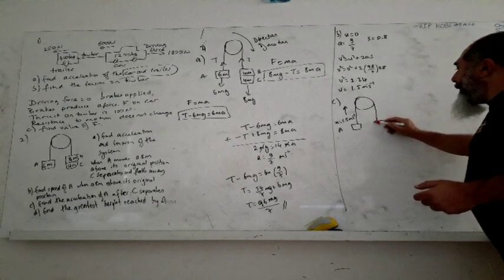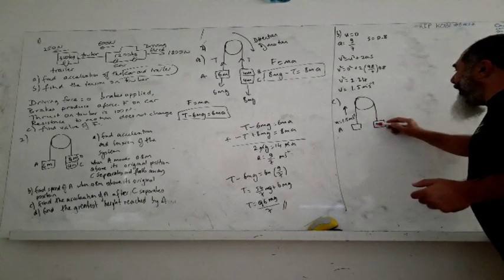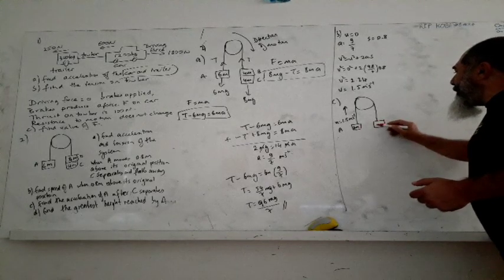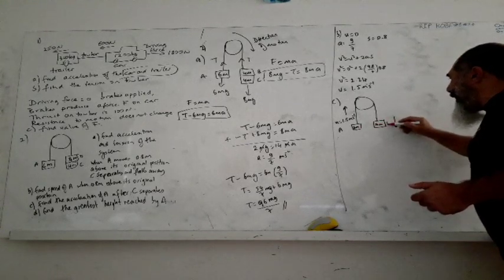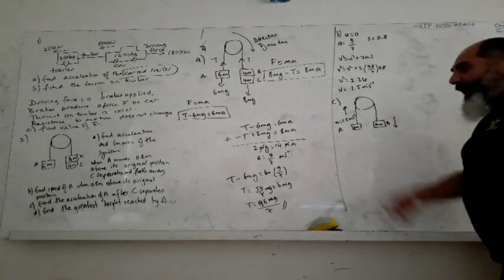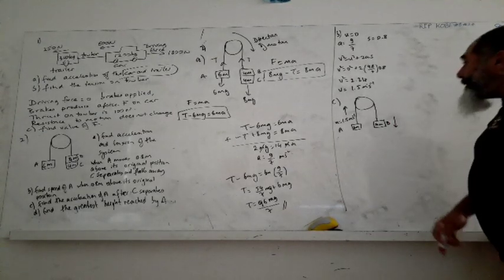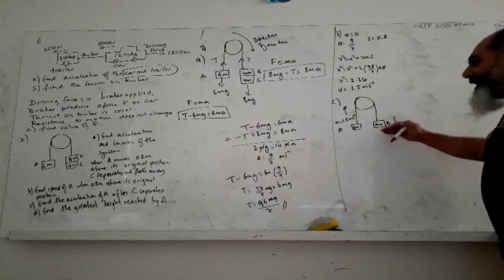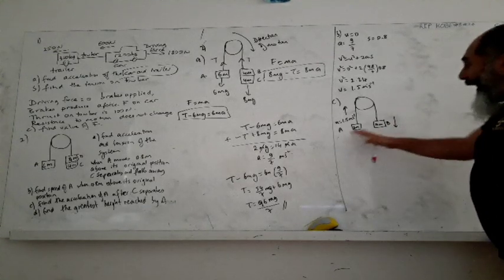B, with mass 4m, is moving down, with the same speed because they are connected together. C falls down. Now we have only 2 objects here.